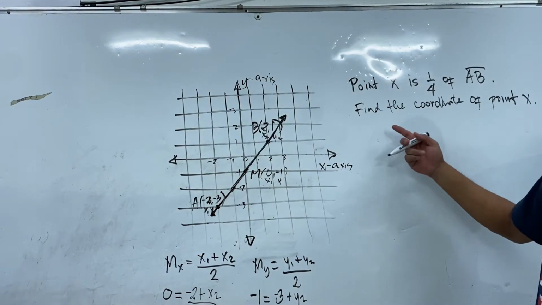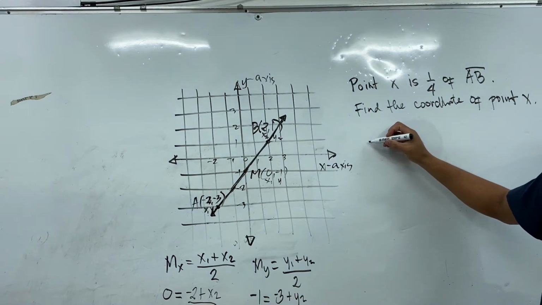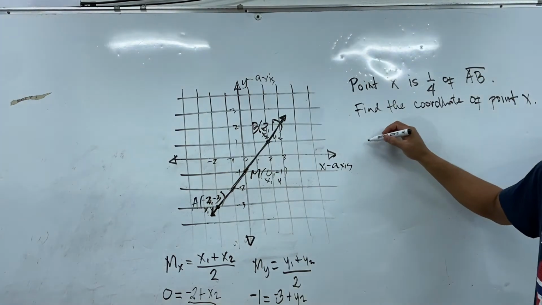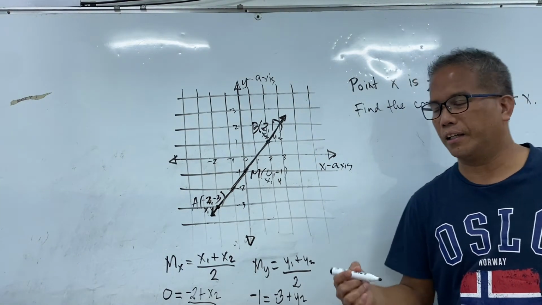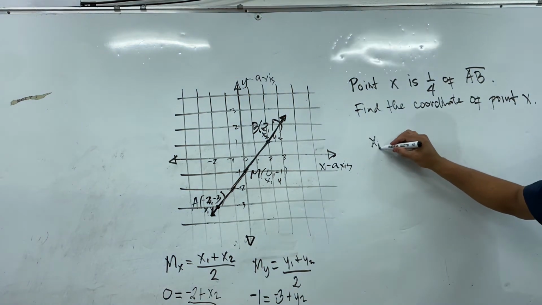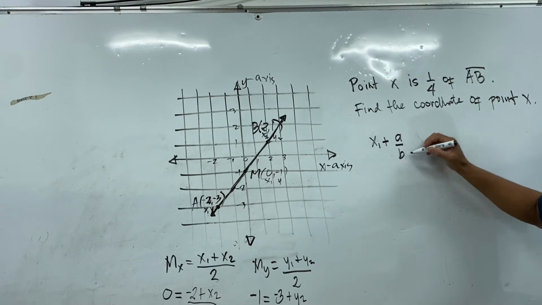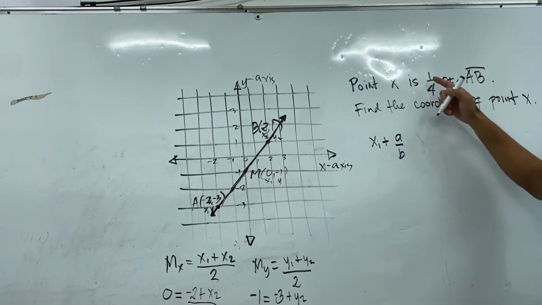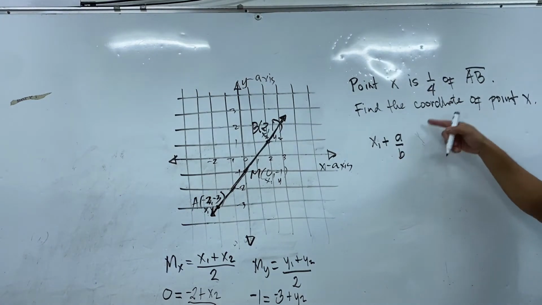To find the answer, you are going to use this formula to find the value of the coordinate of X. Okay, so you are going to use X sub 1 plus A over B, where A refers to the numerator and B the denominator.